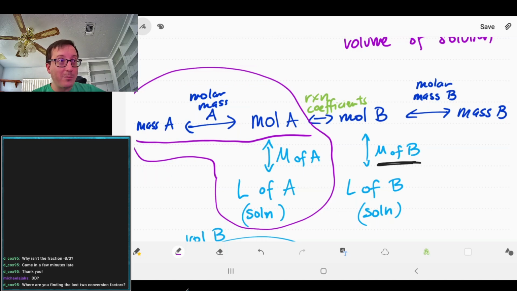We know we want 0.25 liters, and we know what molarity we want. As a result, we know how many moles we're going to need. From knowing how many moles we need, we can get the mass by using the molar mass. So we're starting here, and we're ending here, and we're just following this path. In this case, it's the same substance because we're not doing any chemical reaction. There's no coefficients here. We're just dissolving something.